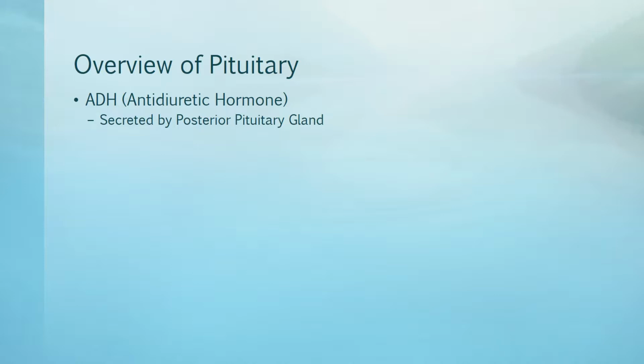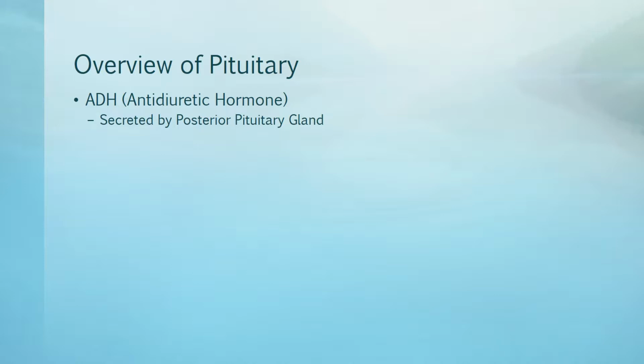So if we look at some of the information on the slide, we know that ADH, as mentioned, is secreted by the posterior pituitary gland, aka the master gland. Hormones are released as a message in response to either hold on to fluid or release fluid.